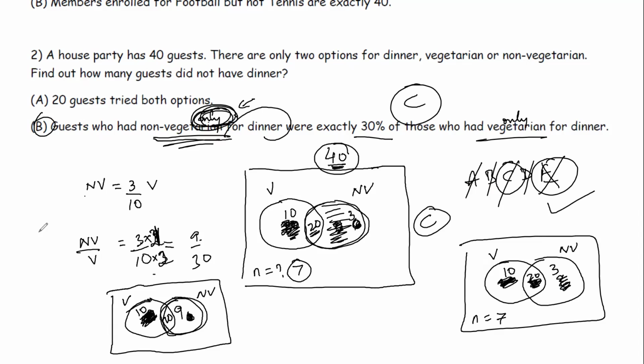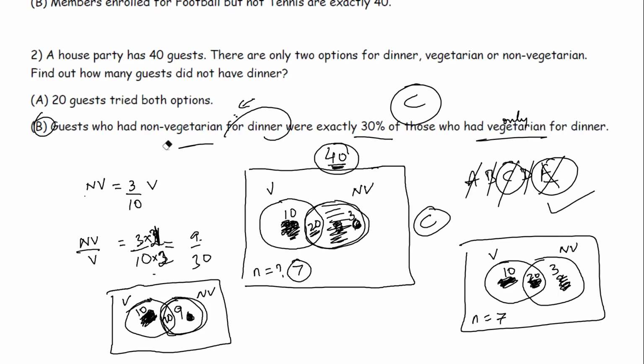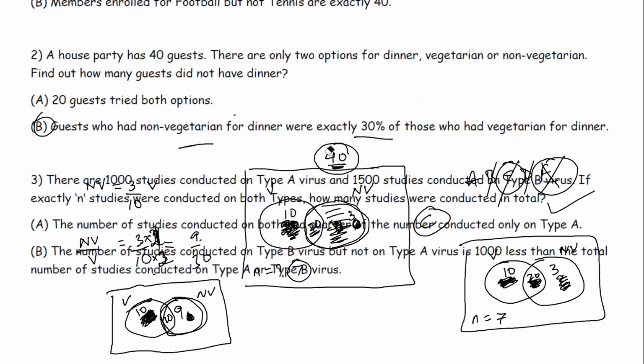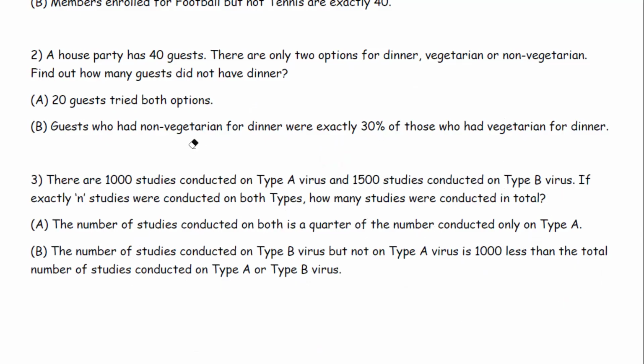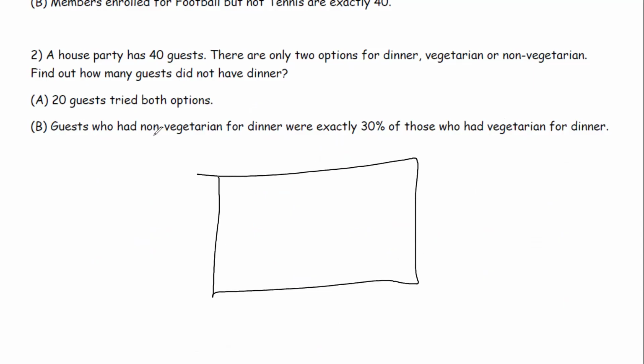So just to quickly review this. Let's just consider this question is stating only in the second statement: non-vegetarian only for dinner were exactly 30% of those who had vegetarian only for dinner.